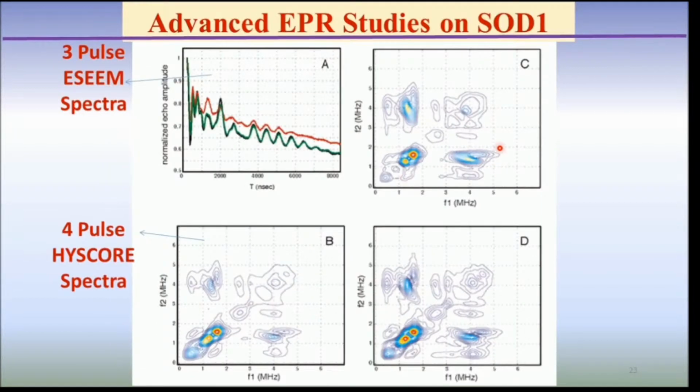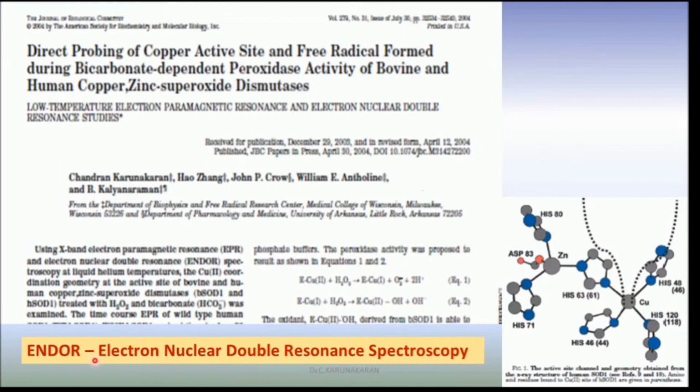We have also used advanced EPR techniques to study the active site geometry changes in SOD1 during thiol oxidase activity and peroxidase activity, using 3-pulse ESEEM (electron spin echo envelope modulation) spectra and 4-pulse HYSCORE spectra, shown here. We have used ENDOR and EPR to directly probe the copper active site and the free radical formed during the bicarbonate dependent peroxidase activity, published in the Journal of Biological Chemistry.